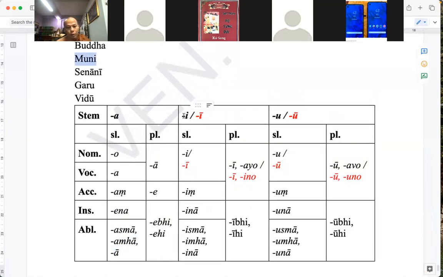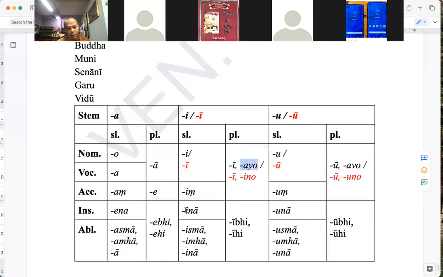So here, actually the later parts of i and i are the same. That is why only the nominative and vocative are different. That is why I wrote it down in this way with the red color. So for the Muni, muni, munayo. And the vocative case also muni, munayo. And then for the accusative case, muni, munayo.